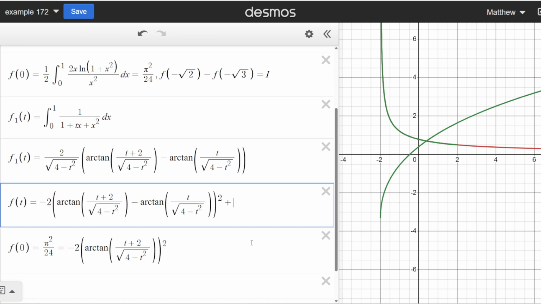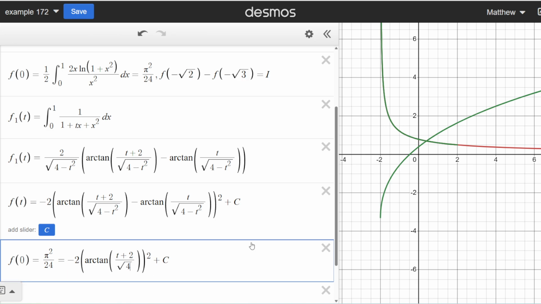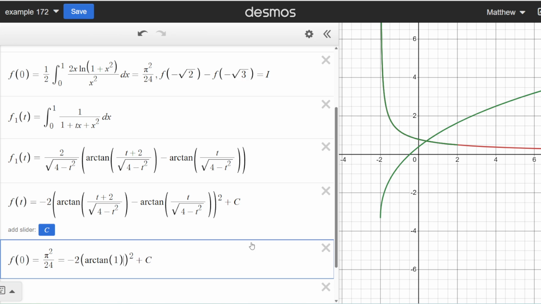Oh, don't forget plus c. Plus c. If t is 0, well, we get a 0 here. This becomes a 2. This becomes a 0. This becomes a 1. Arctangent 1 is, of course, pi over 4.